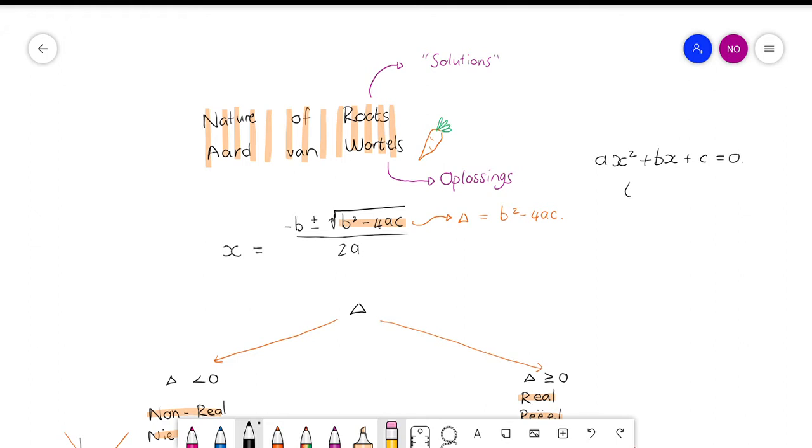So let's say you had x minus 1 is equal to 0 when you factorize it. So dan het jy twee antwoorde, maar hulle is gelyk aan mekaar, so jy het eintlik net een antwoord. Of jy kry die ene waaraan ons gewoond is. Sê nou maar so iets. So dan in daai geval is x gelyk aan 3 of x gelyk aan minus 2. So you get two different answers.